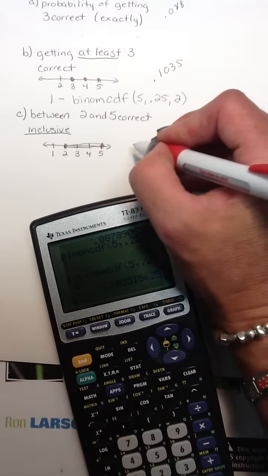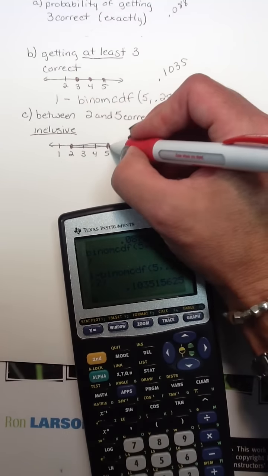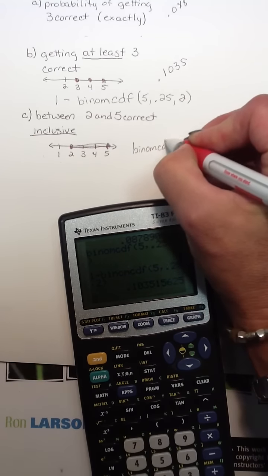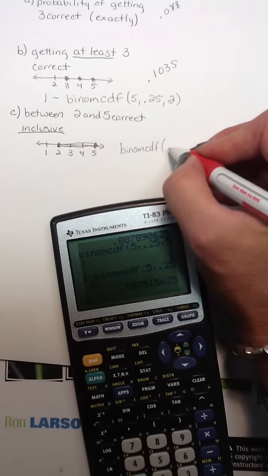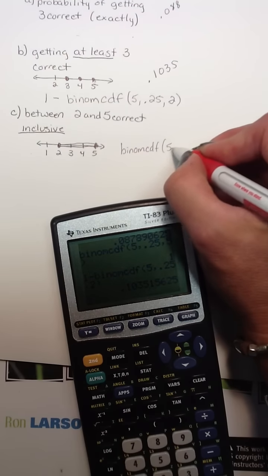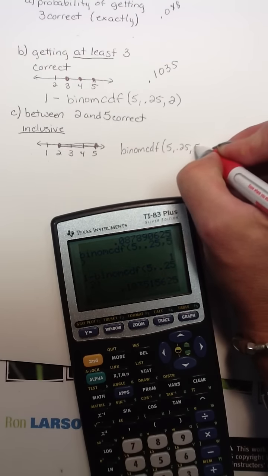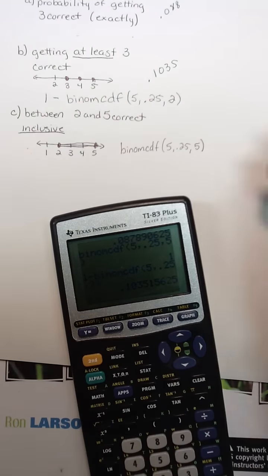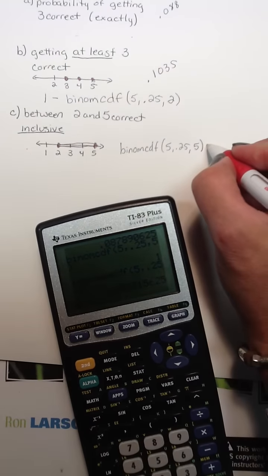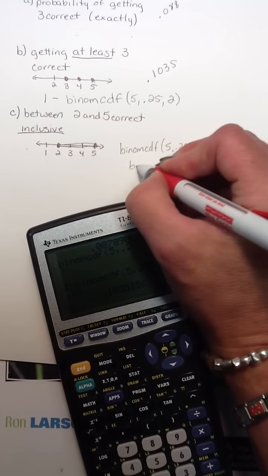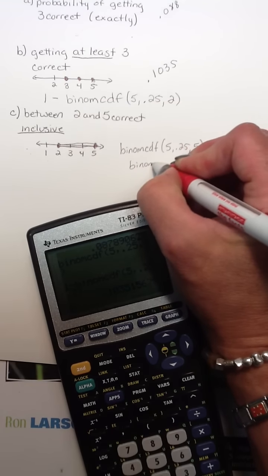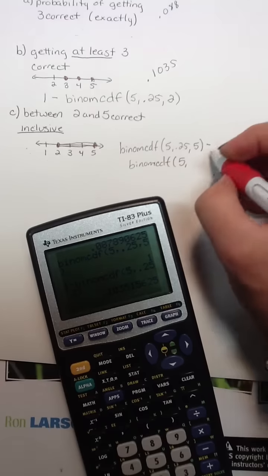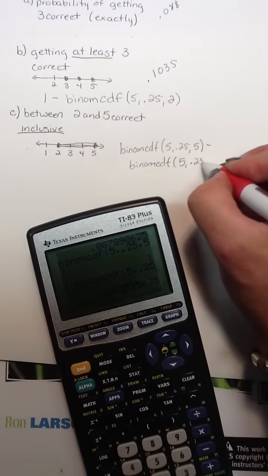So I am going to give you the probability, binomial CDF. Since we're including 5, we'll have 5, 0.25 and 5. So that would accumulate from 5 on down. And then we are going to subtract out the binomial CDF of 5, 0.25.